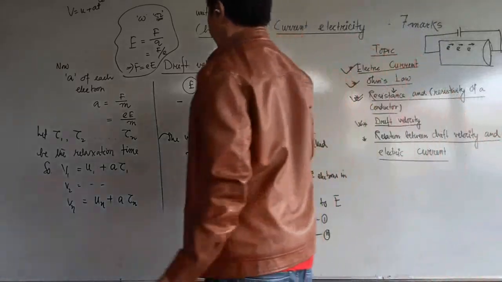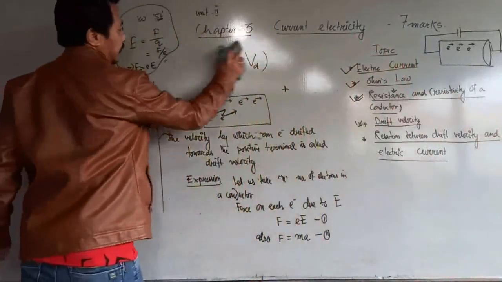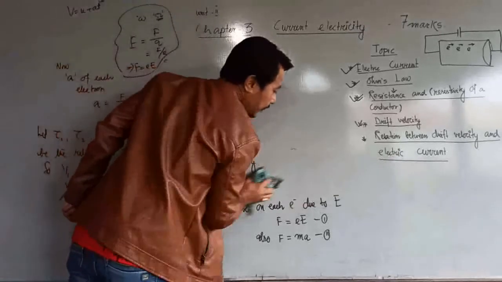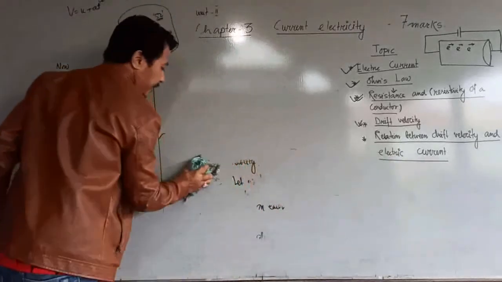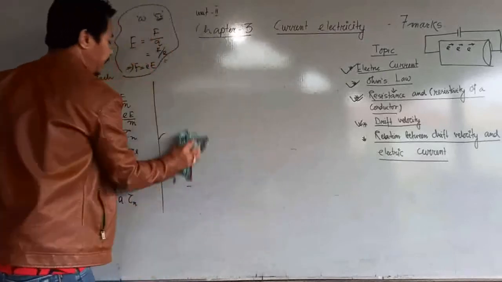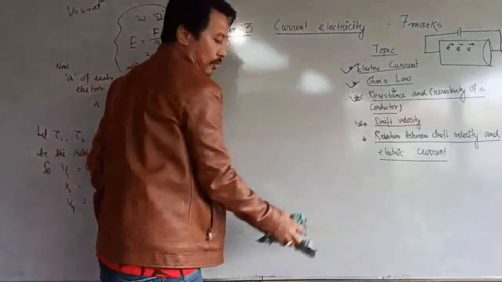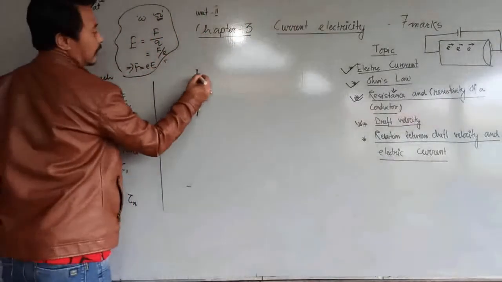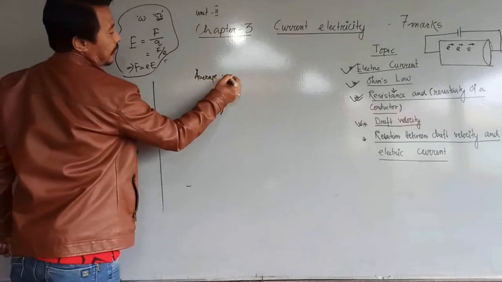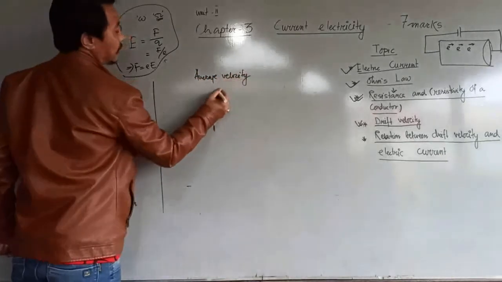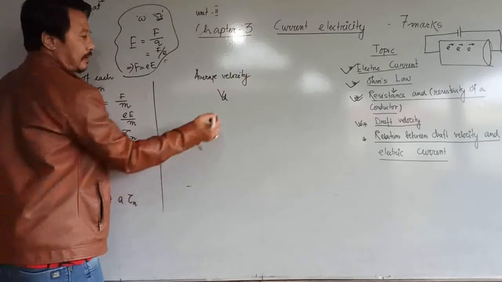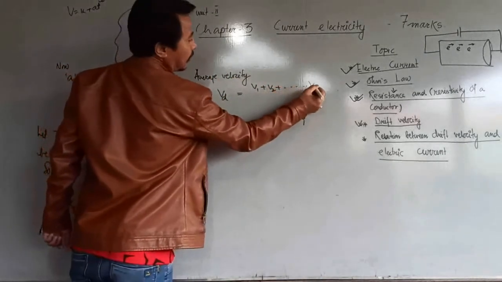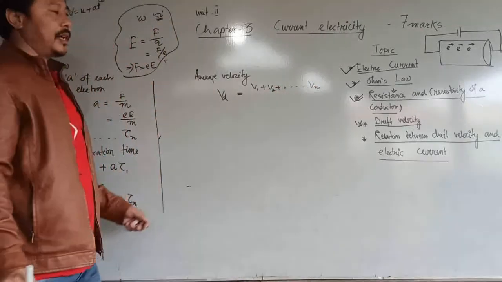Now, average velocity is the drift velocity. The average velocity is V1 plus V2 up to Vn, divided by n.